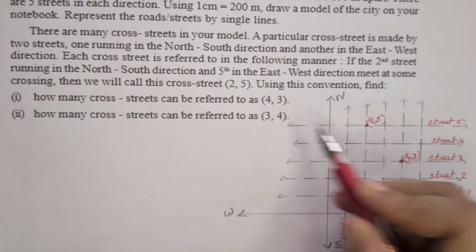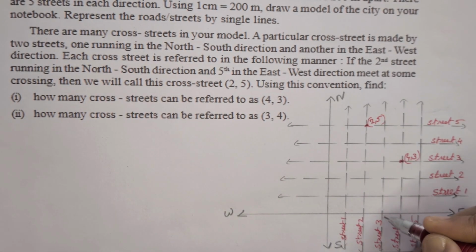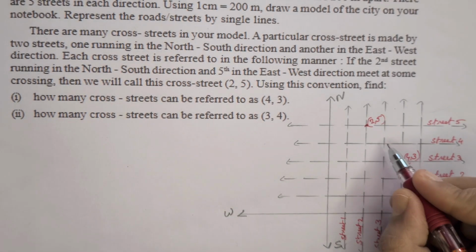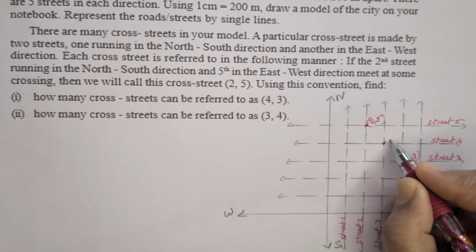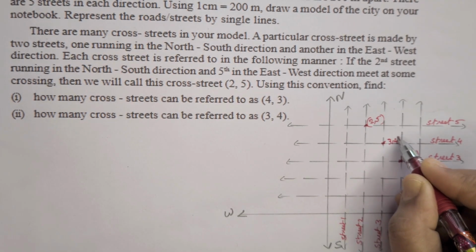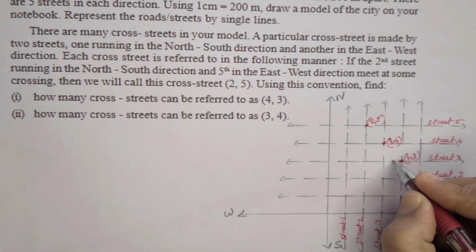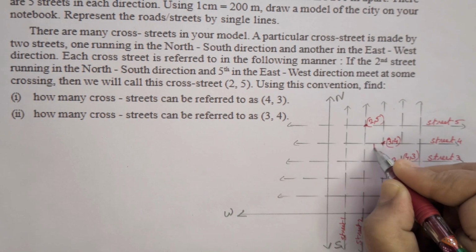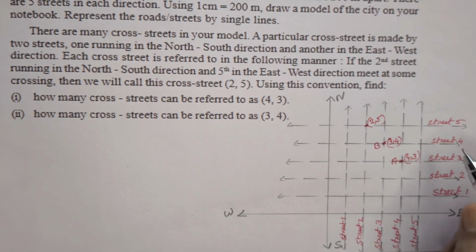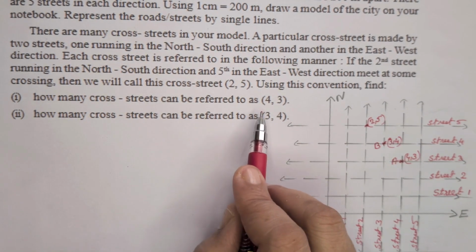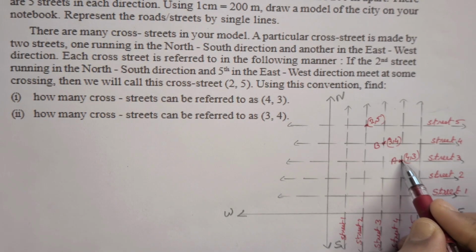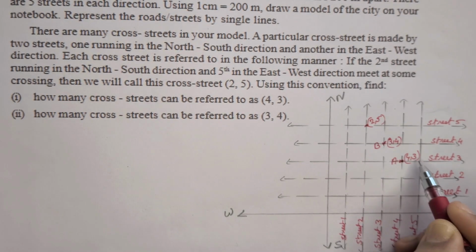And the second one, (3, 4): 3rd street here, 4th one. (3, 4). This we can mark as A, this is B. And how many cross streets can be referred for (4, 3)? Through this point only one crossroad.